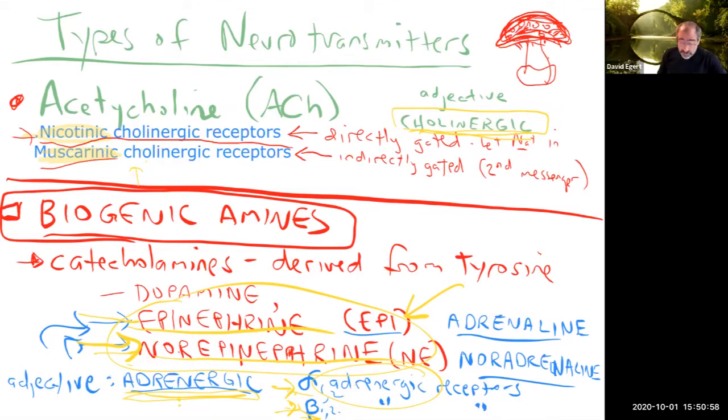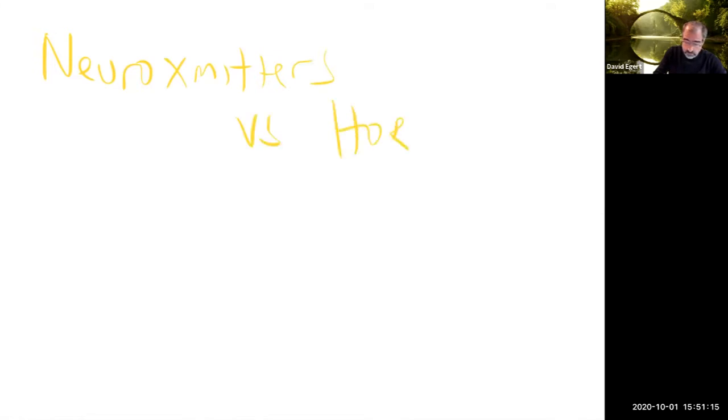This is probably as good a time as any to set up the difference between a hormone versus a neurotransmitter. They are both signaling molecules that bind to receptors on cells and cause some effect at the target cell.